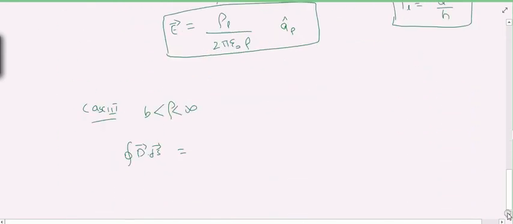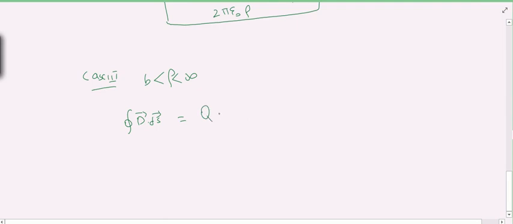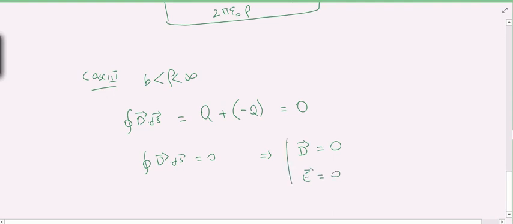So total charge becomes q plus minus q, which makes it 0. So this means that D dot dS is 0. This means that D is 0, which means that E is equal to 0.